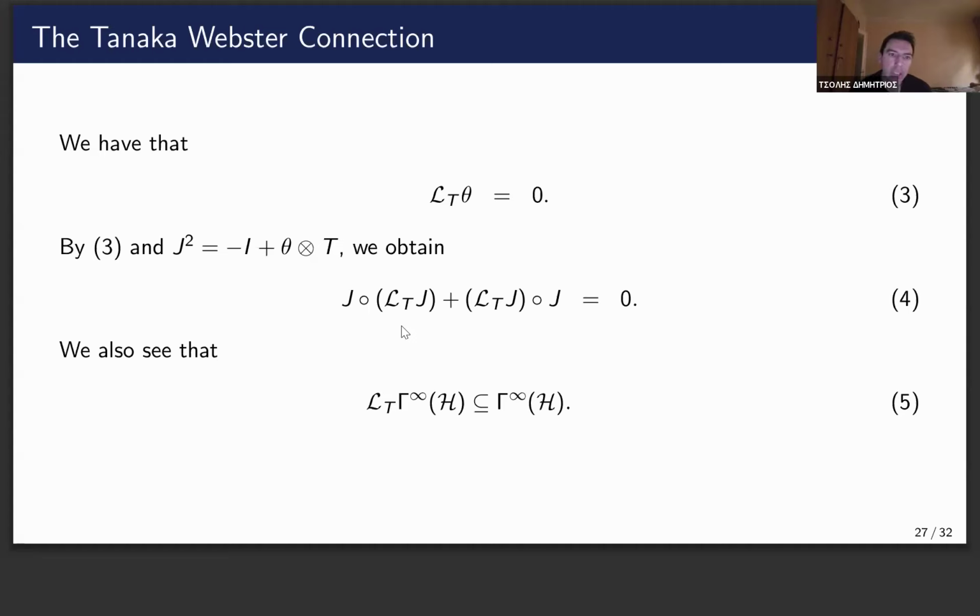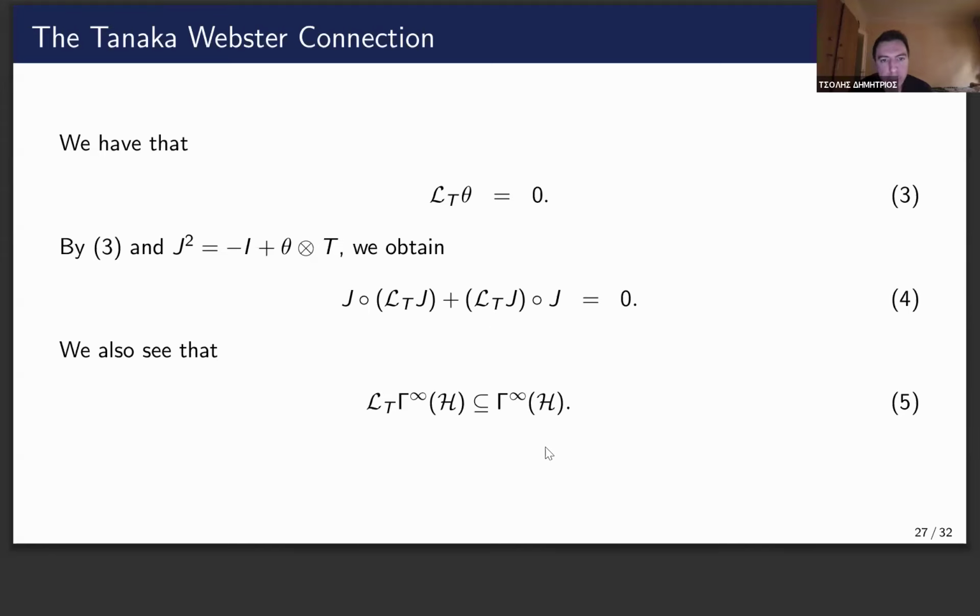Now, first, let's observe that the Lie derivative of theta with respect to T is just 0. And using this and this relation, which is a property that we mentioned of the Webster metric, that J squared equals minus I plus theta tensor product T, then we obtain this relation.